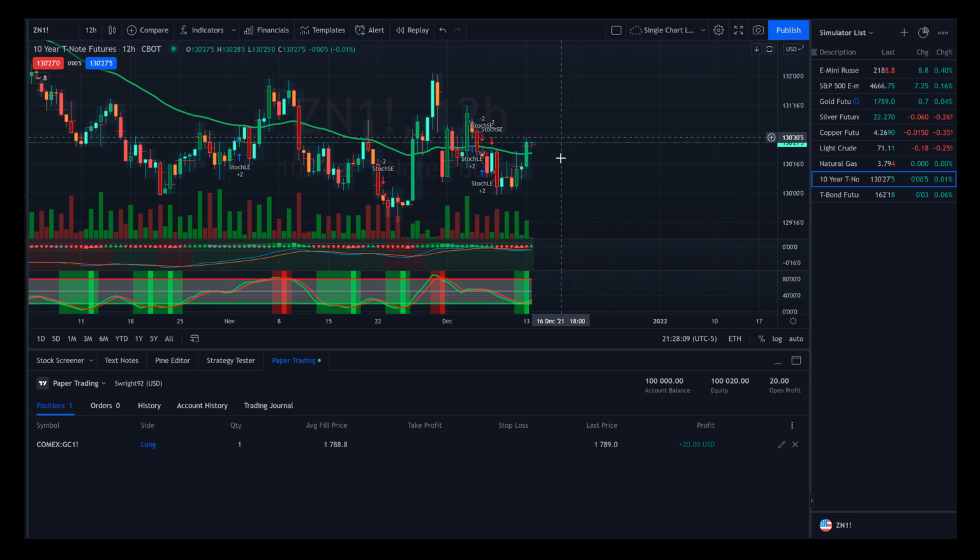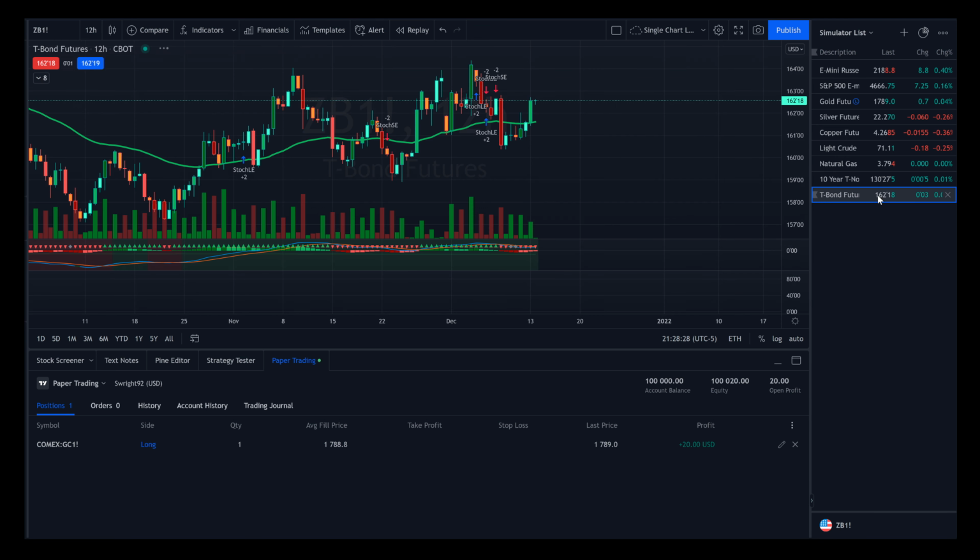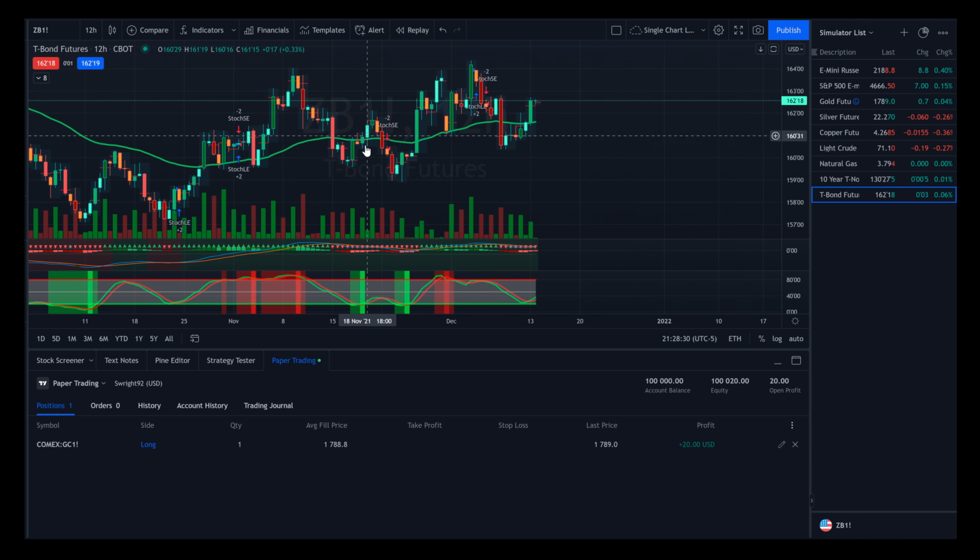The 10-year, still nothing, but it's been really, really choppy, especially with the CPI report last week that kind of sent the entire market moving all over the place, which thankfully I was not short when that happened at 8:30. And the T-bonds, so pretty much an identical market structure here.